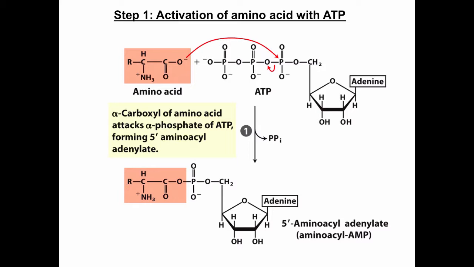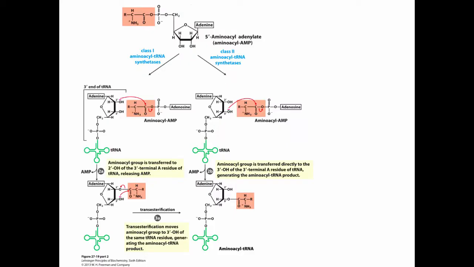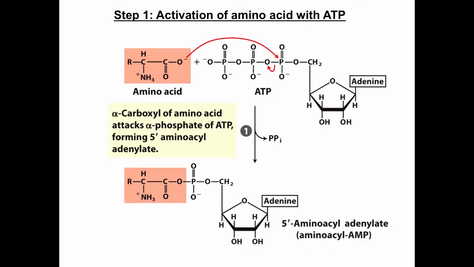And that's our aminoacyl adenylate molecule, and that activates it for this second reaction. But again, that adenylate actually just came from ATP, and there's lots of ATP in the cell.